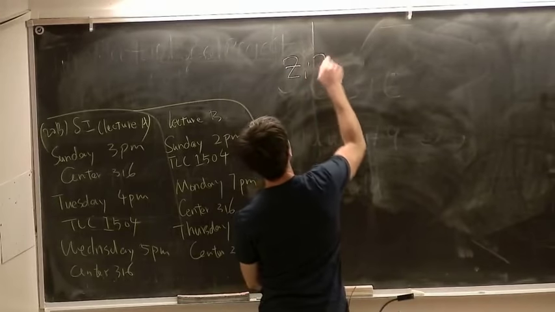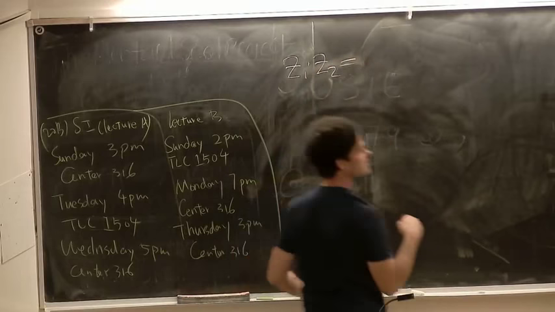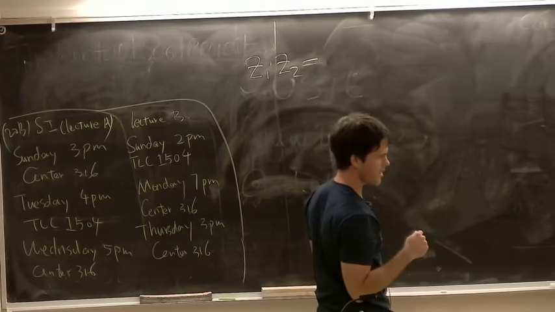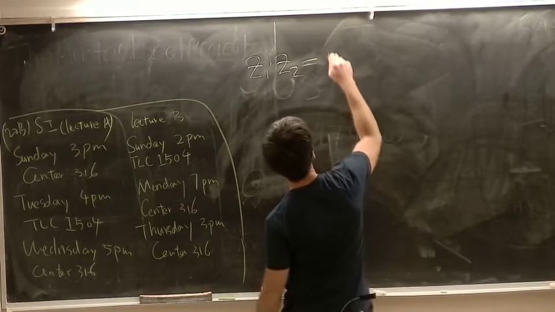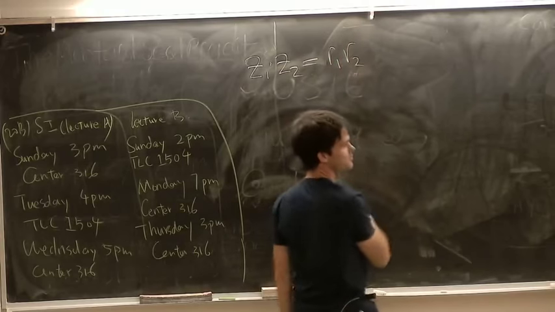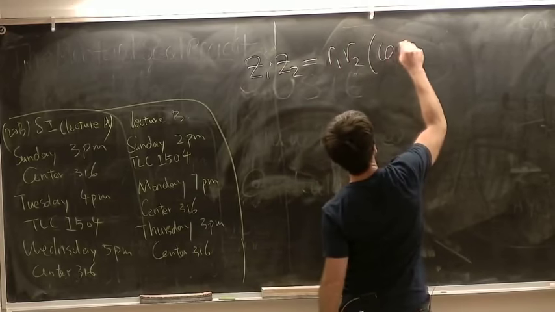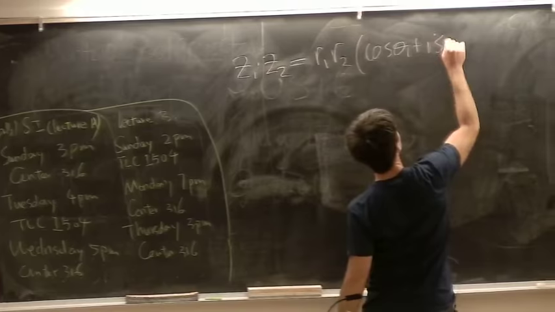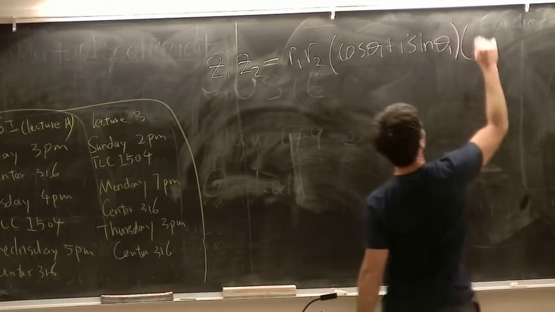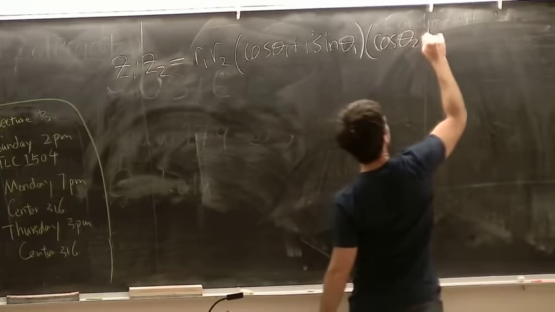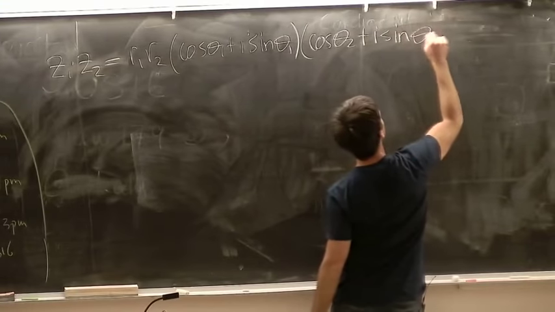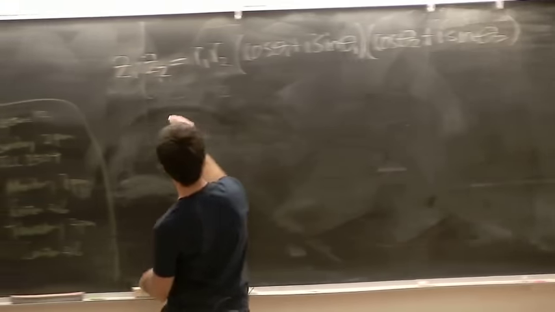Z1 times Z2. So I'm going to write the r1 times r2 in front, and then I'll have cos theta 1 plus i sine theta 1 times cos theta 2 plus i sine theta 2.